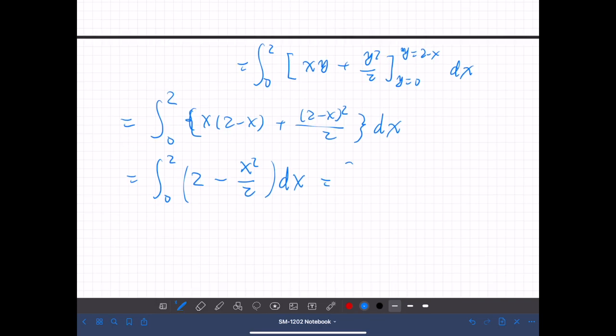And if you integrate this, you have 2x and x cubed over 6, x from 0 to 2. And the result should be 8 over 3.